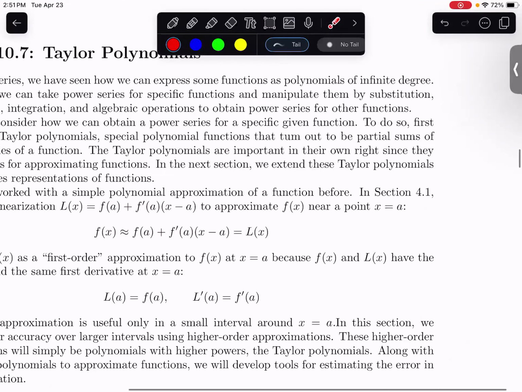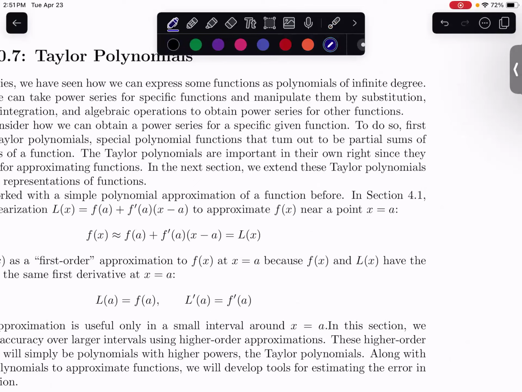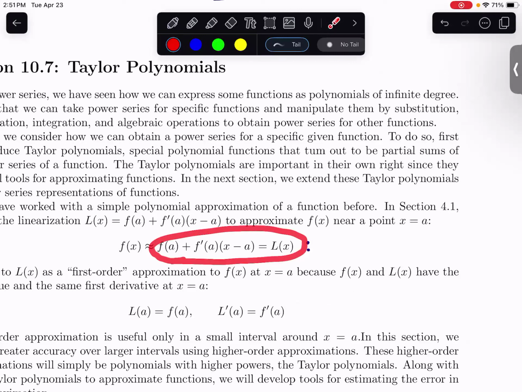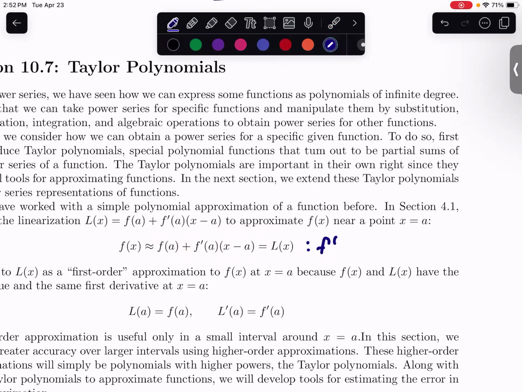The equation we have for the linearization function is L of x is equal to f of a plus f prime of a multiplied by x minus a. This is really just coming from the derivative equation: f prime of a is equal to the limit as x goes to a of f of x minus f of a over x minus a.